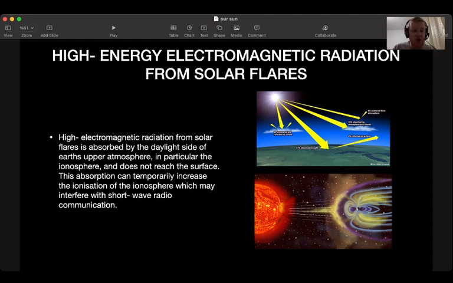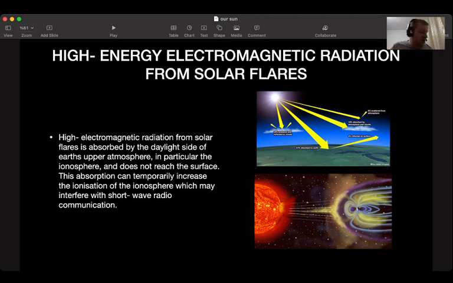The solar radiation cannot reach us on the surface. The absorption can temporarily increase the ionization of the ionosphere, which may interfere with short-wave radio communication. So guys, it can interfere with radio signals. For example, I have a radio right here.